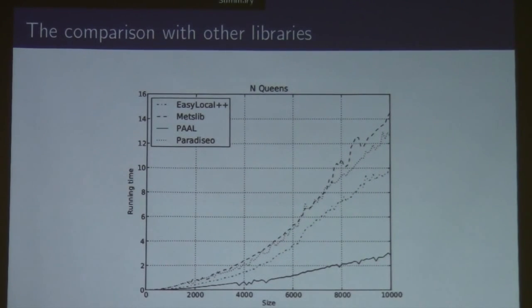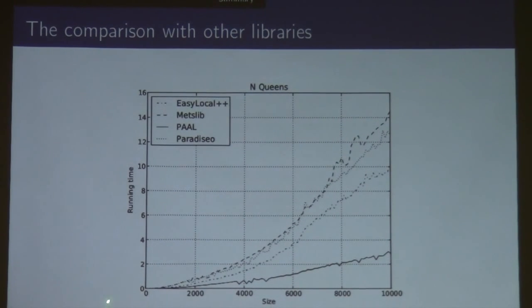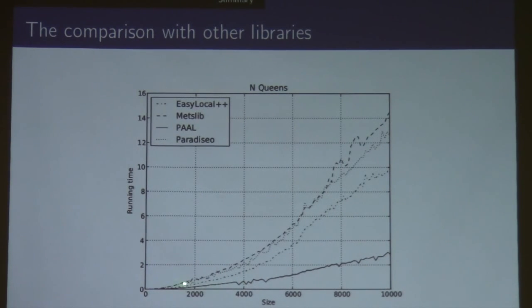And this is almost the end of the talk. There are other local search libraries on which we did some benchmarking. This is the simplest hill climbing, and there are these different libraries that we found that are written in C++. Ours, of course, is the best one, and it's much faster than this one.